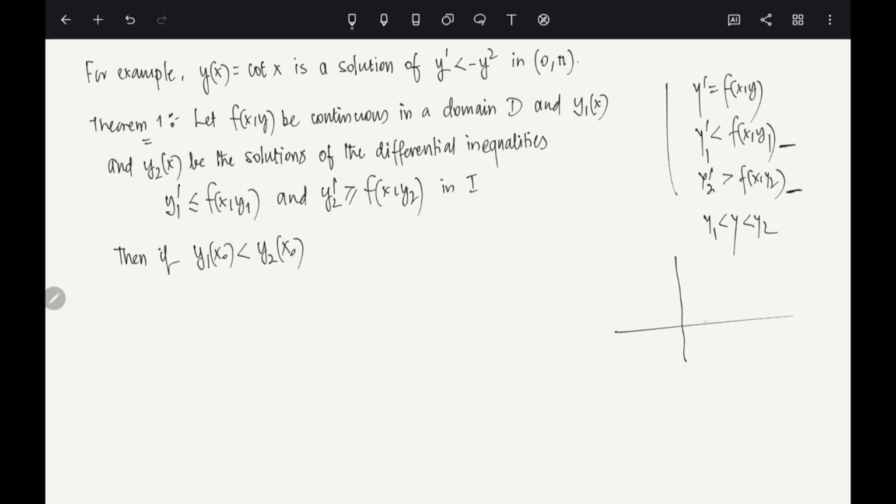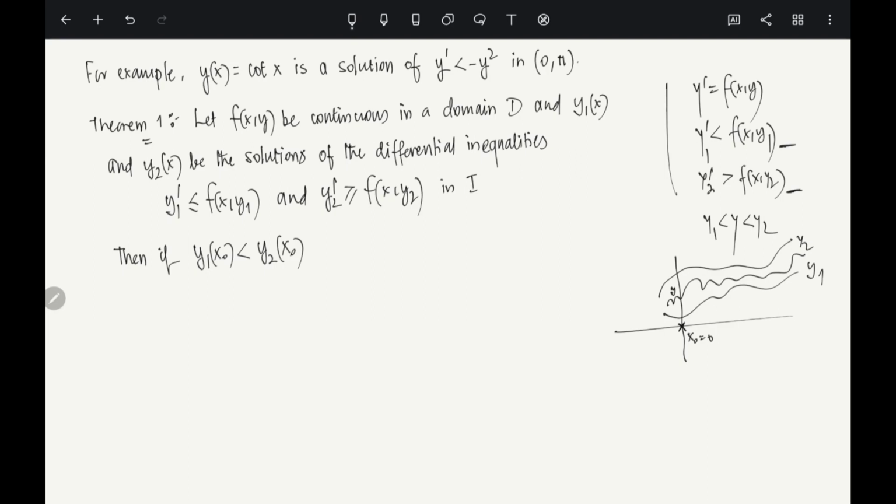Let's say x naught is 0. Wherever it starts, y1 is below y2, and if y1 and y2 satisfy those two inequalities, then y will be in between y1 and y2.